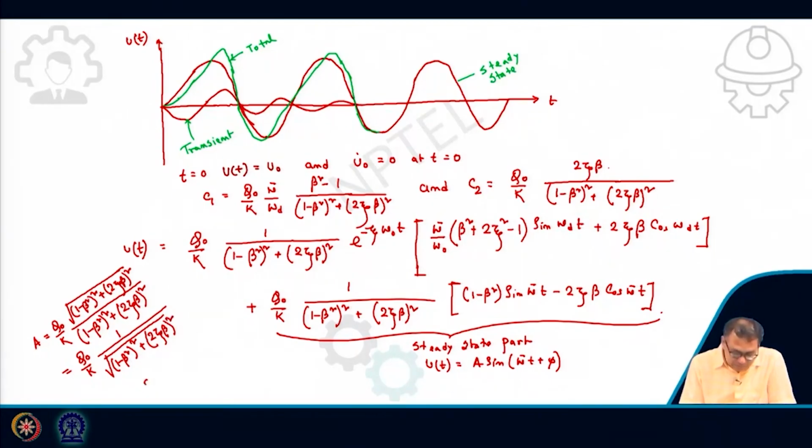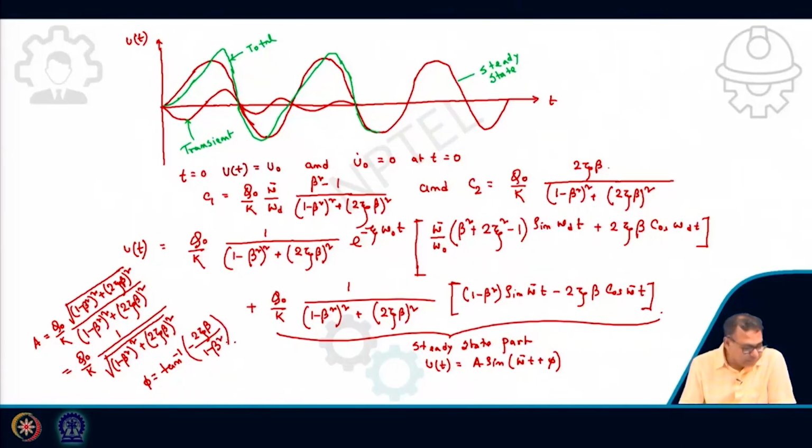And the phi value will be tan inverse of a by b. What is a? a is equal to minus 2 damping ratio into beta, and b is 1 minus beta square.